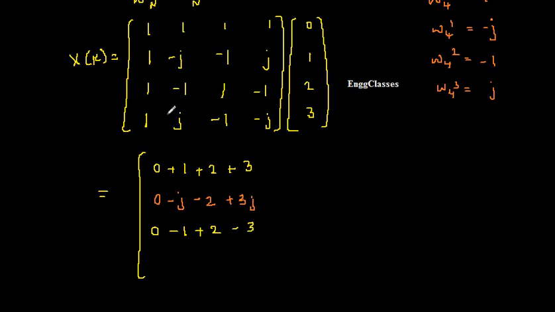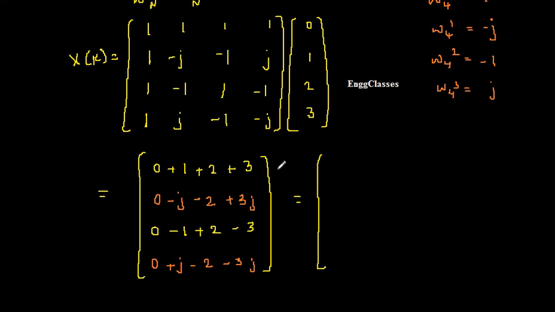Similarly, the last row, 1 into 0 is 0 again, j into 1 turns out to be j, minus 1 into 2 is minus 2, and minus j into 3 is minus 3j. Yes, so this is the matrix. Now I need to add up and subtract the terms so that I'll get the final answer.